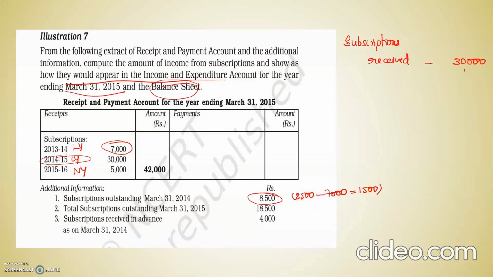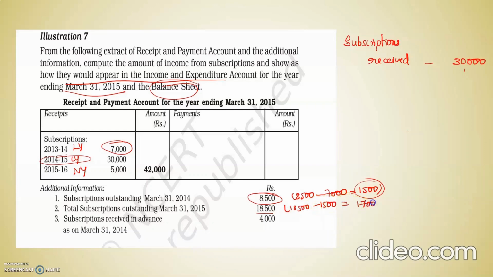Okay. Second adjustment, total subscription outstanding at the end of 31st March 2015. 31st March 2015 is the current year. So current year end, how much outstanding? 18,500 is there. We can't say that 18,500 completely belongs to the current year because last year's still pending 1,500 is there. Out of this 18,500 outstanding, 1,500 is related to last year.